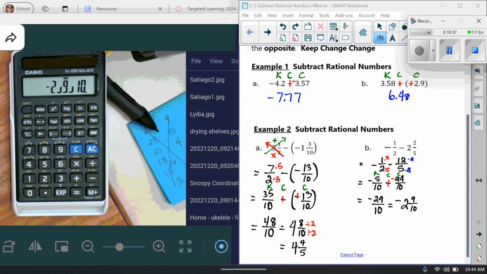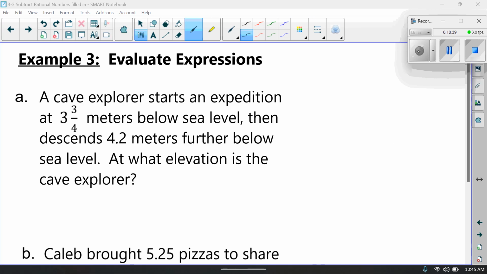All right, very good. So example 3 says, a cave explorer starts an expedition at 3 3/4 meters below sea level. Then he descends.